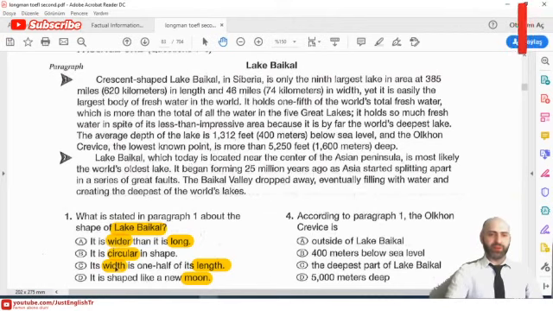I compare to this one. See, its width is 1/2 of its length. Guys, do you think C is the correct answer for this question? Do you think 46 is half of 385?